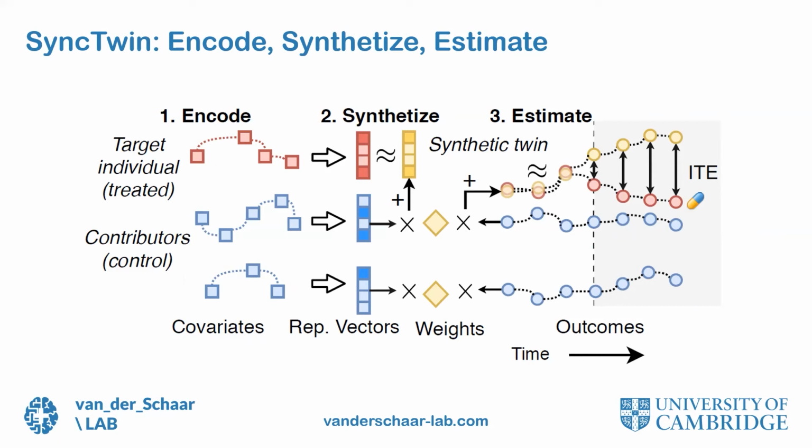In the second step, we build contribution weights based on the representation vectors, and those weights clearly measure the contribution of the contributors and therefore make the method more interpretable. Based on the same set of weights, the algorithm estimates the counterfactual outcomes by performing a weighted average on the selected contributors. And such counterfactual outcome can be computed both before and after treatment, and we can use the difference between the estimated and the real outcome before treatment to measure the trustworthiness.